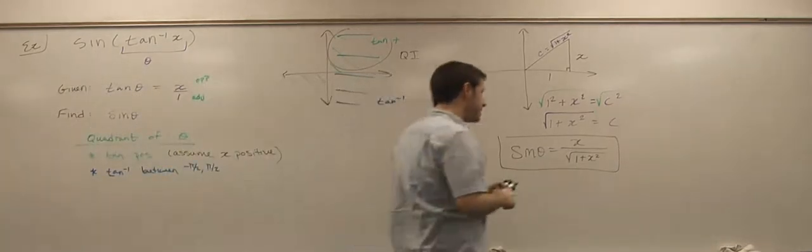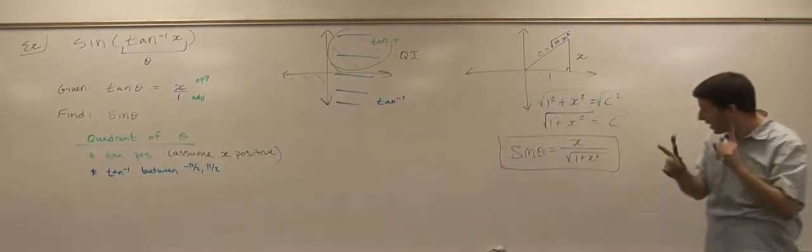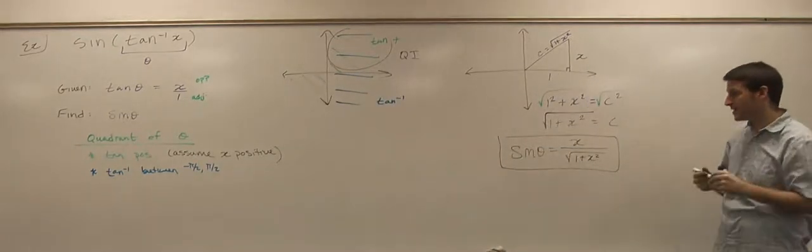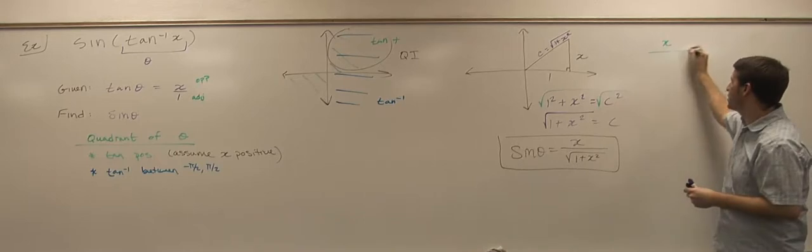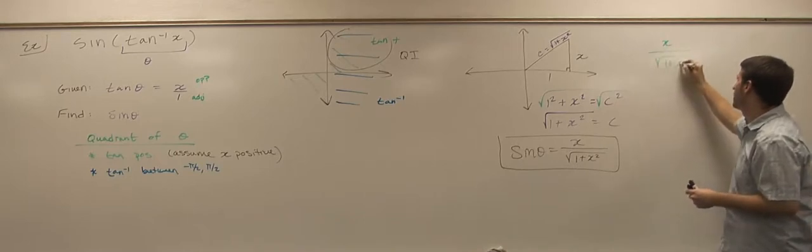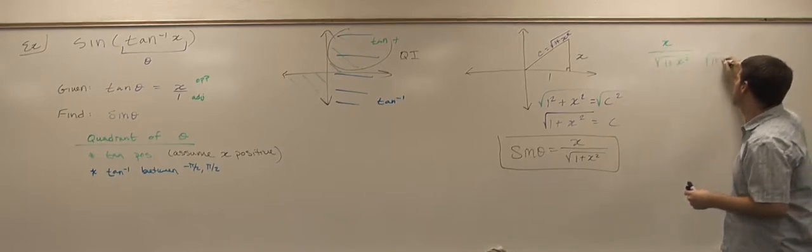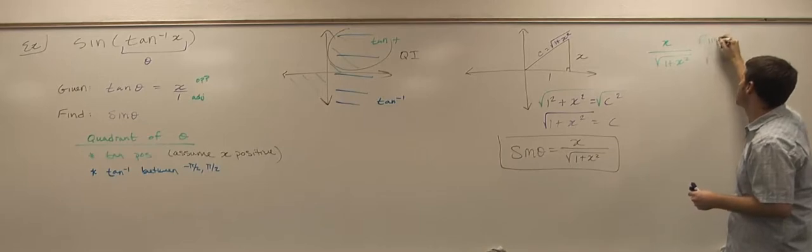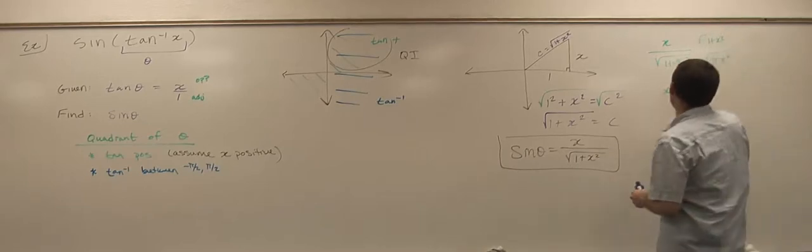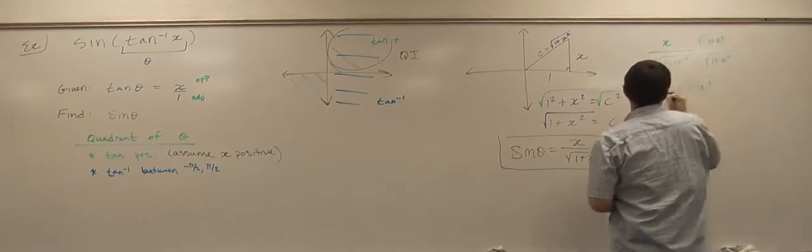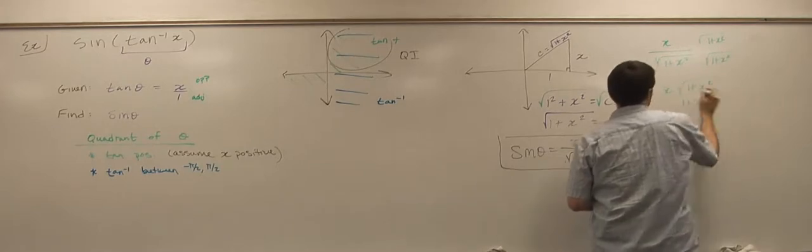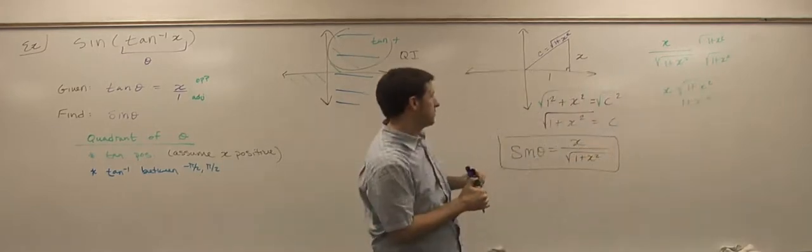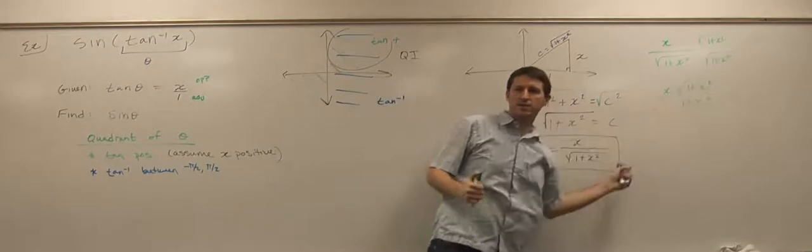Yes, that's a good point, because it doesn't look pretty. I understand that point. Except when you actually rationalize here, if you multiply by root 1 plus x squared over root 1 plus x squared, you get x root 1 plus x squared over 1 plus x squared, which doesn't look any prettier.